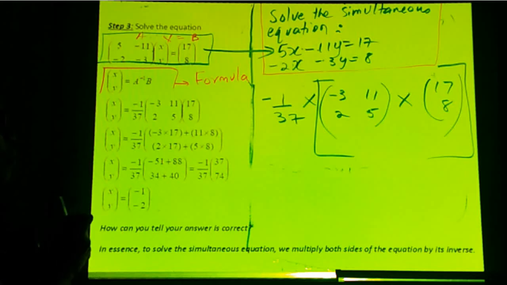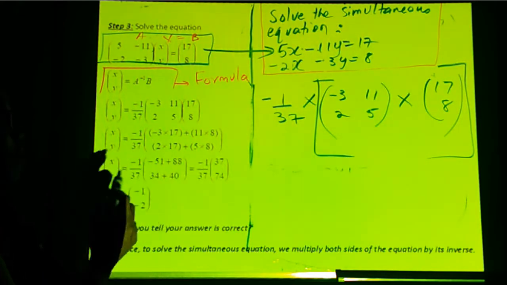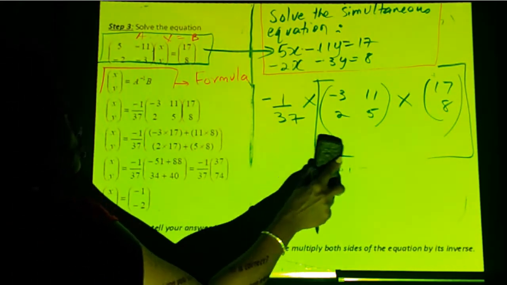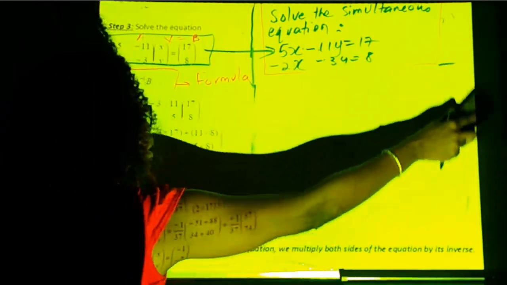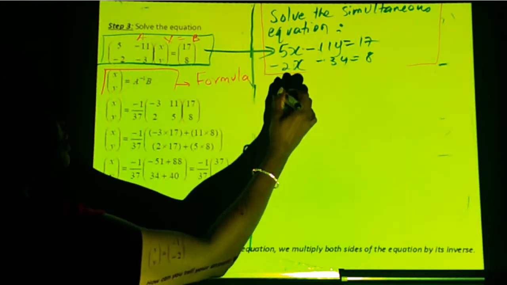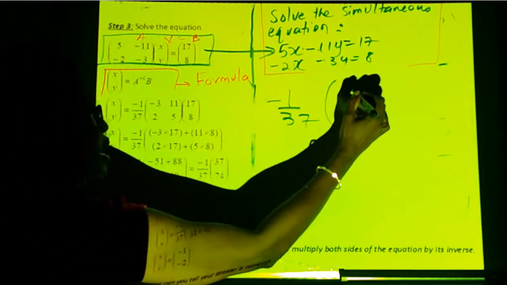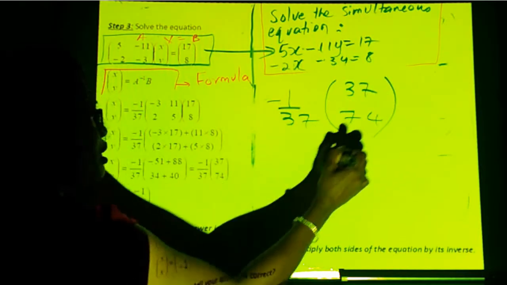So now we're going to multiply negative 1 over 37, which is a scalar fraction here, by the matrix with 37 and 74. Just so that you are clear, let me do a big write-up over here. We have negative 1 over 37 and the matrix with 37 and 74.